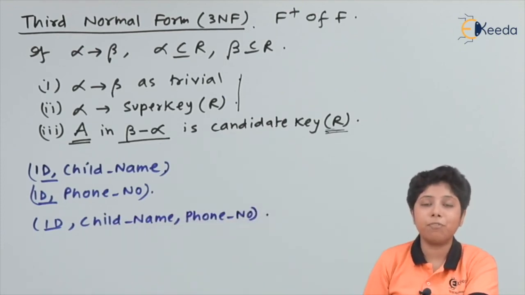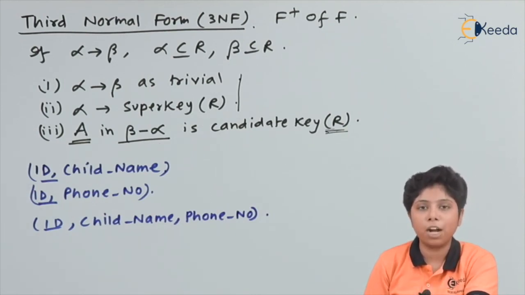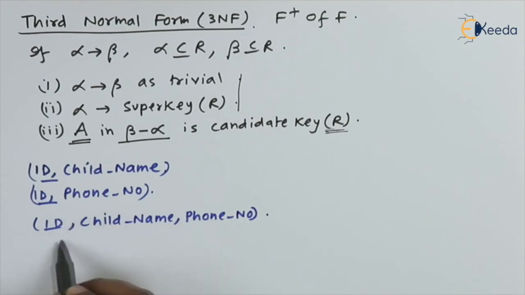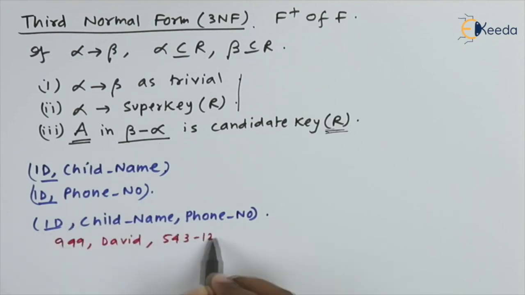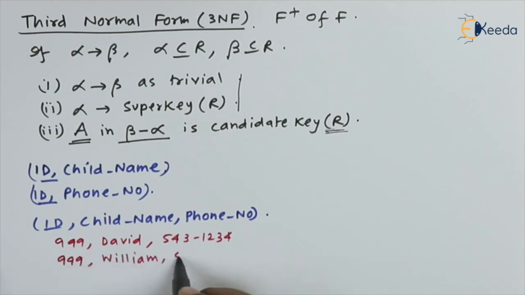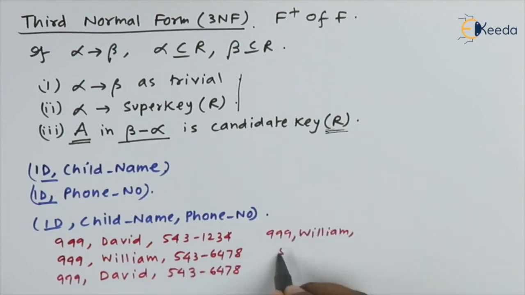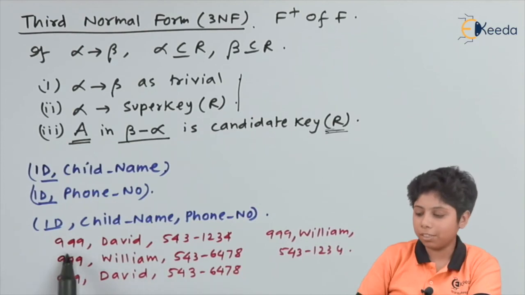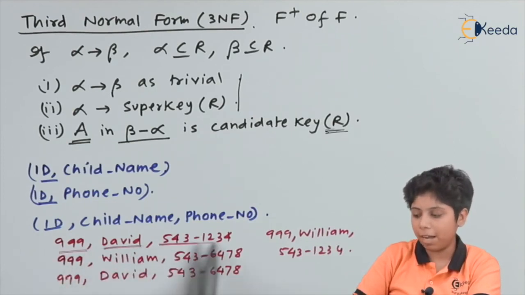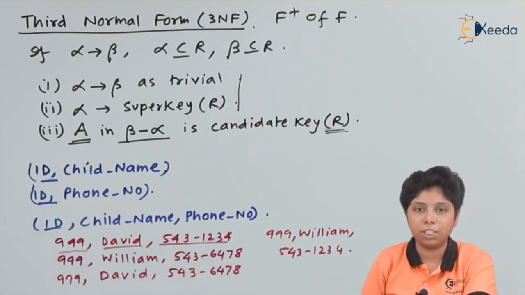then we can say that we can have repeated values, and we cannot say what are the values that were actually meant to be. Suppose the combination has got, now for the instructor ID, his child name and the phone number has got malicious values.